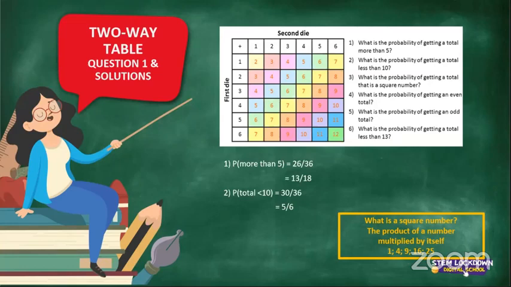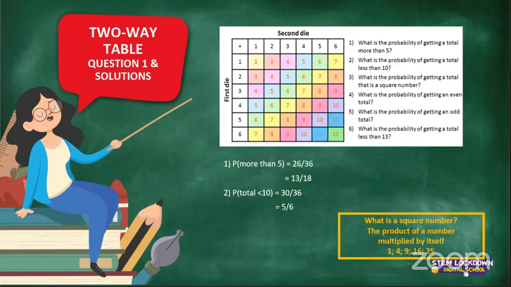So that's a square number. The product of a number multiplied by itself. There we go. Lionheart goes one further. 6 times 6, 36. So 36 would be a square number.